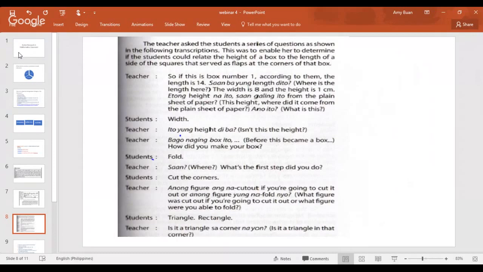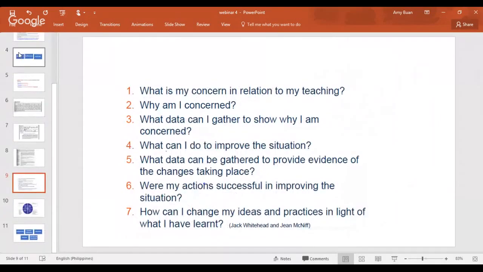So as you collect this kind of data, you have to reflect on what happened, and then you should ask, with what data were my actions successful in improving the situation? Okay, that's number 6. So after you think about, what's my problem in my classroom? Why am I concerned to solve this problem? What data can I gather to show why I am concerned in solving this problem? What can I do to improve the situation?